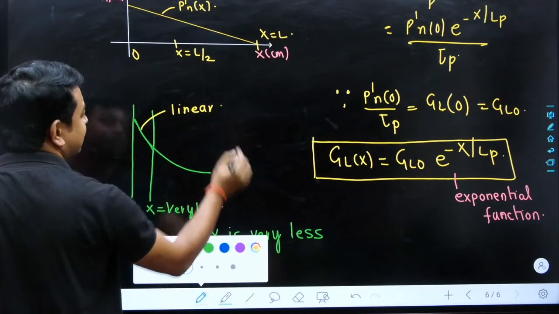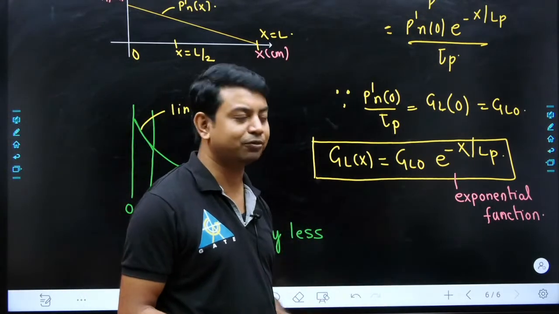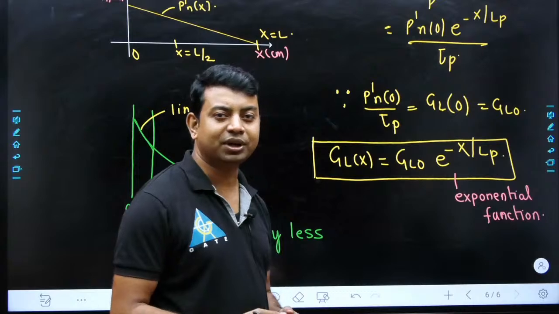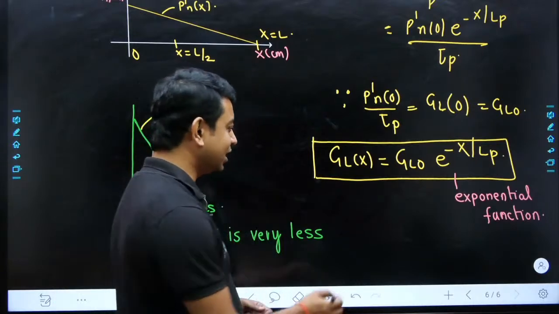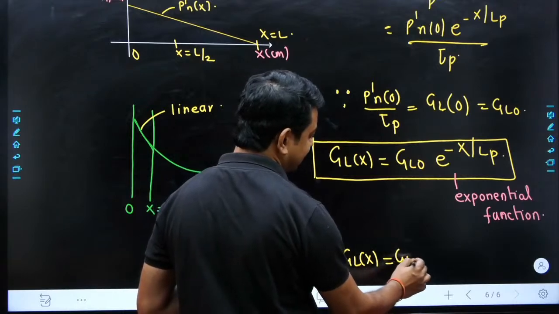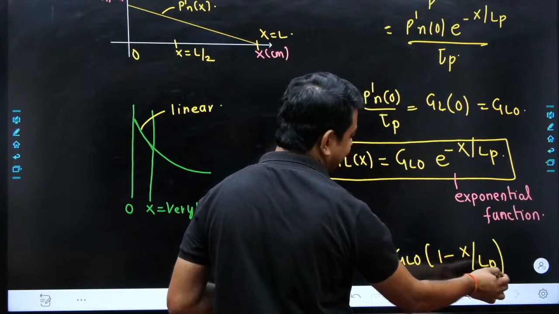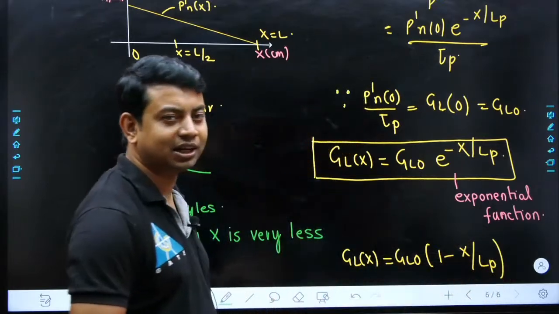So if x is very small, this exponential function can be written in the linear form. If we expand using linearity, we get GL of x equal to GL naught times 1 minus x divided by Lp, if the higher order terms of x are neglected.